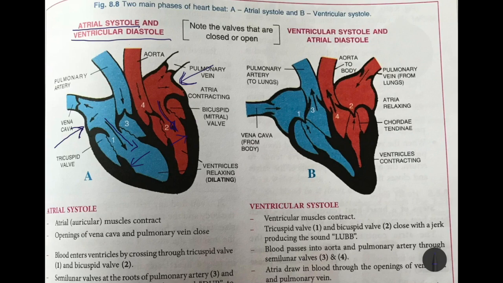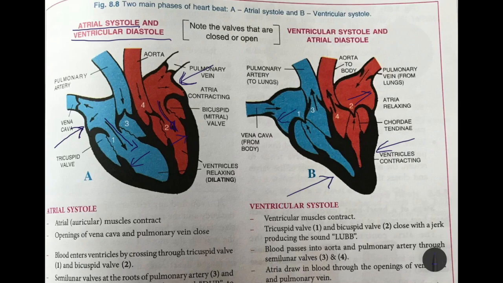Now after that, what happens? The ventricles contract. So here in this B you can see it squeezes in, okay, and the atria relax, becoming larger, the auricles.